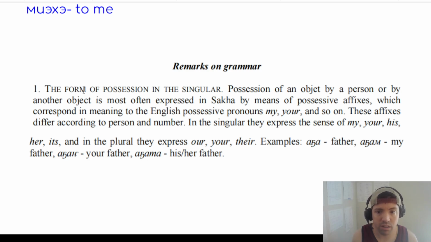The example we have is aga, which is father. For my father, we could say min agam or just agam. Your father, en agan or just agan. His or her father, kini agata or just agata.